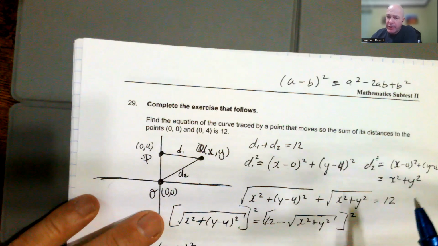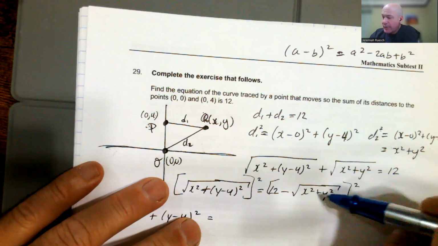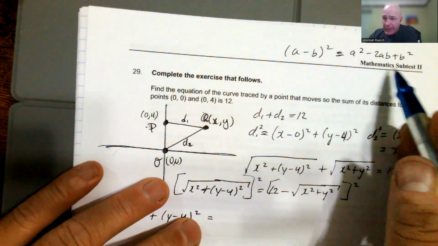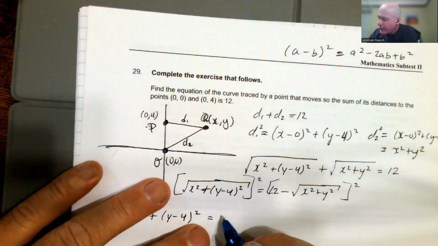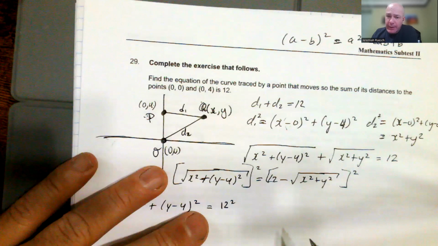If I think of a as the 12 and b as everything under the square root, it may help to simplify by multiplying this out. So I'm going to get 12 squared. That's the a term squared.